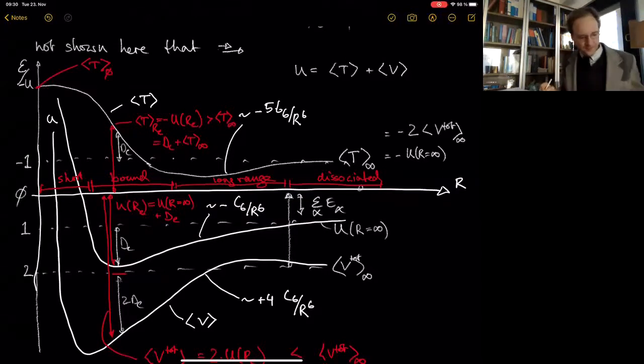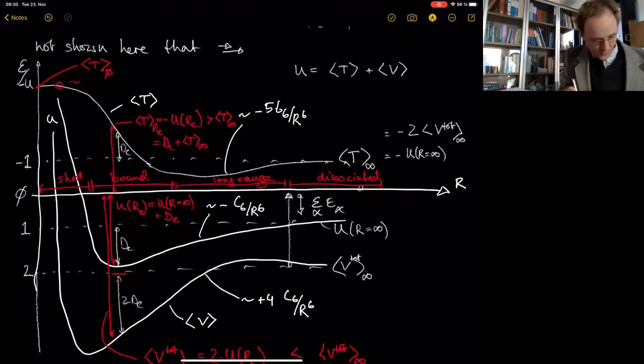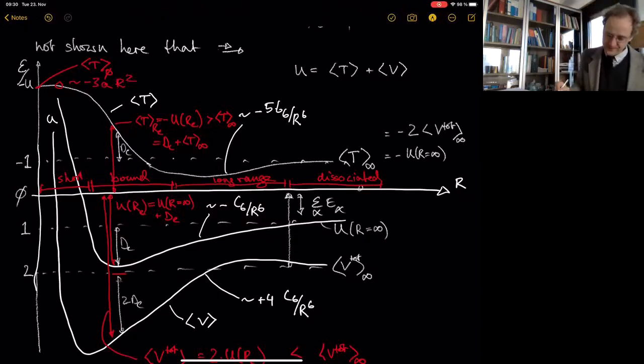And the regime here tells you that the T function goes as minus 3AR squared.